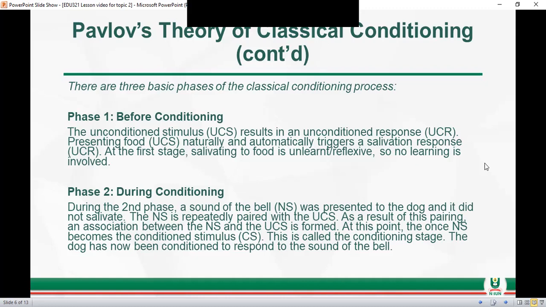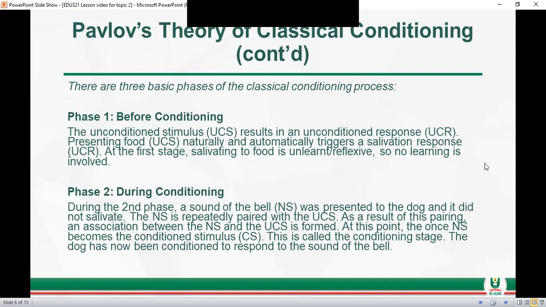So if I ask you, can you describe the conditioning stage? At which stage of the conditioning process did it occur? Just describe what happened at stage two.